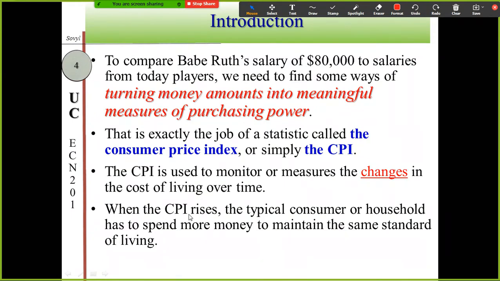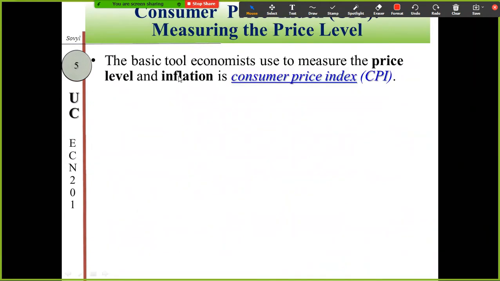So when CPI goes up, typically a consumer or household will spend more money in order to maintain the same standard of living. That's why CPI is the basic tool that economists use to measure the price level and inflation in one economy.